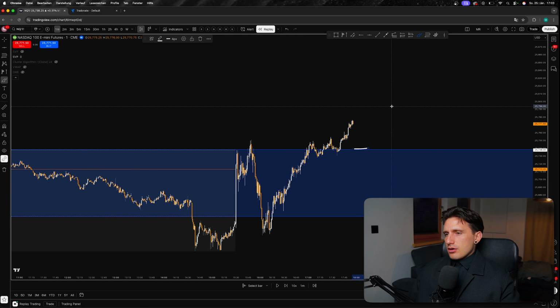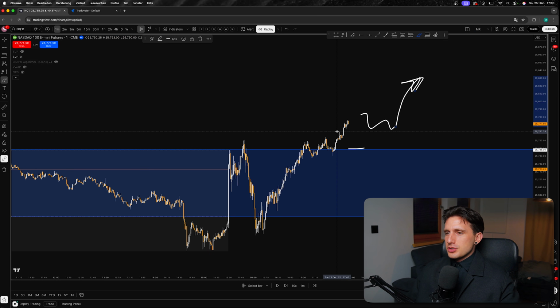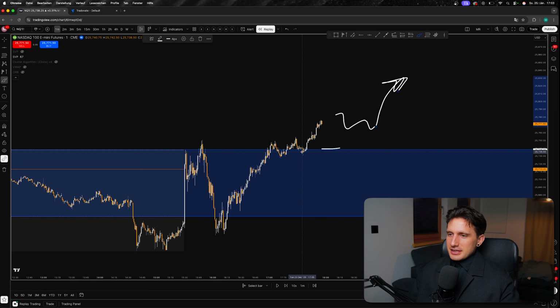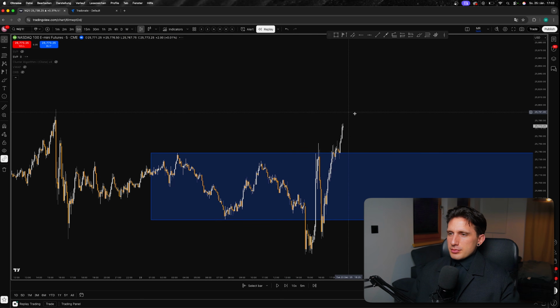So what I'm doing now is looking to catch a correction and get a long position in. I cannot trade right here because the market is in an impulse to the upward side. Of course you can look at mini scalps, but that's not my trading style. I want a little bit more confluence. So let's go back to the 5-minute chart.